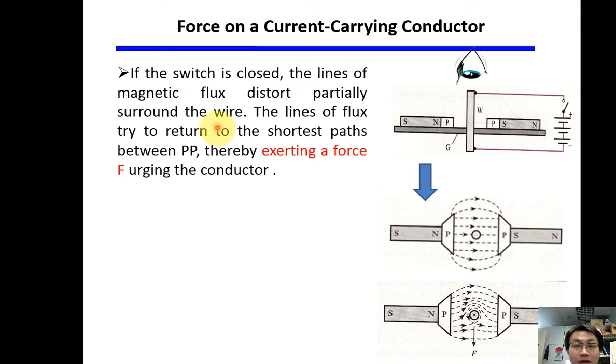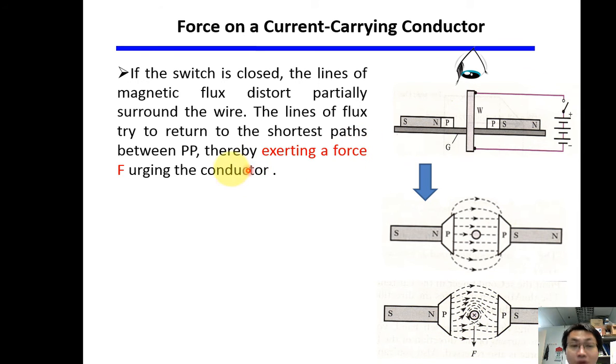So the lines of the magnetic flux distort, partially surrounding the wire. Distort means, for example, the line should go through, but because there is a current passing through the conductor, the line is distorted like this. It becomes bent. Distorted means bent. So the lines of the flux try to return to the shortest path between P and P. They are trying to return to their original state.